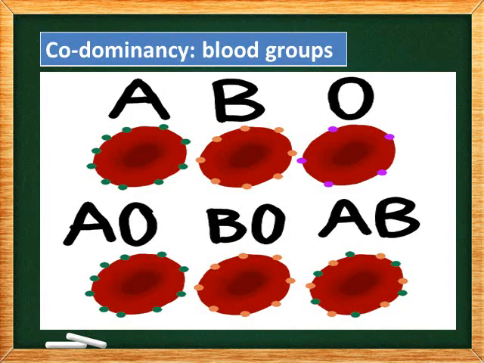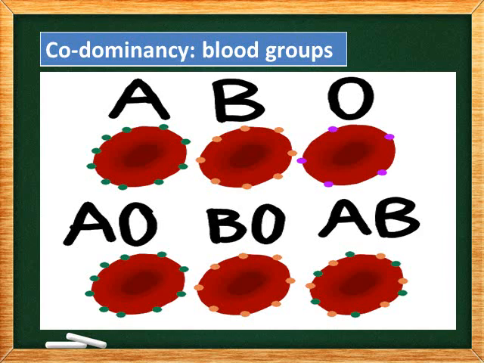The last example is about the case of codominancy, and as an example, blood groups. You know that there are several blood groups. It could be A, it could be B, it could be O or AB. What do we mean by this? When it's A, we are talking about A antigens on red blood cells.